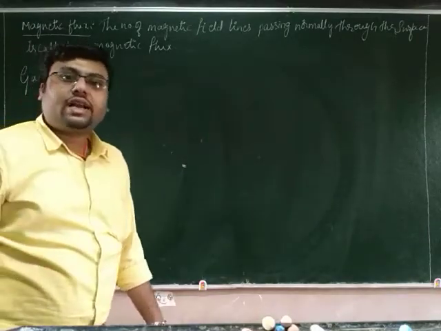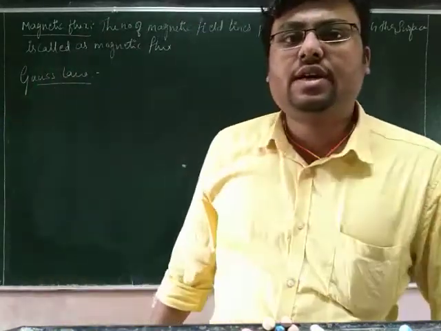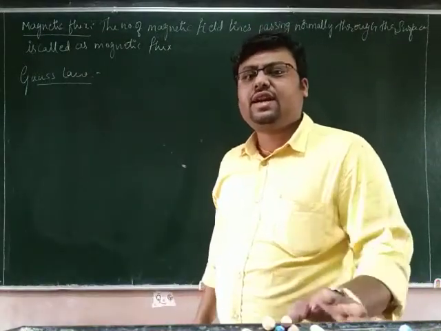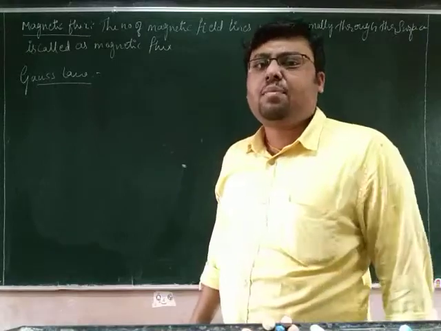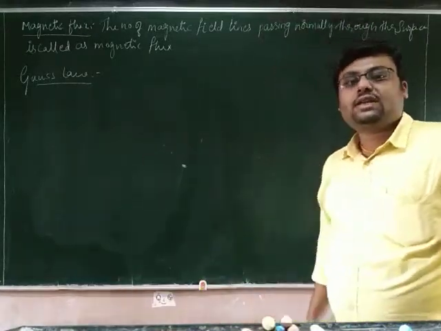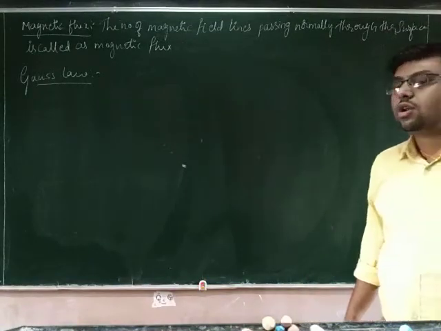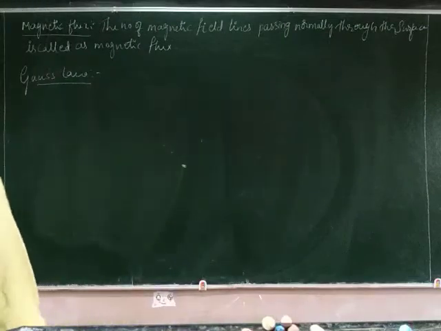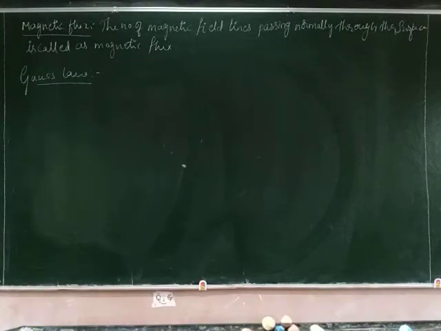We find Gauss law in electrostatics also. Already we have studied that in the first and second chapters. In the first chapter we studied it, and in the second chapter we will find the application of Gauss law in electrostatics. But here in magnetostatics also we have a Gauss law. What does it tell?